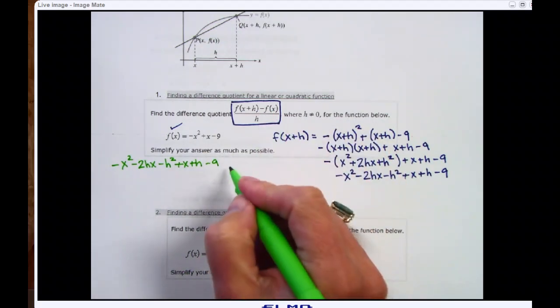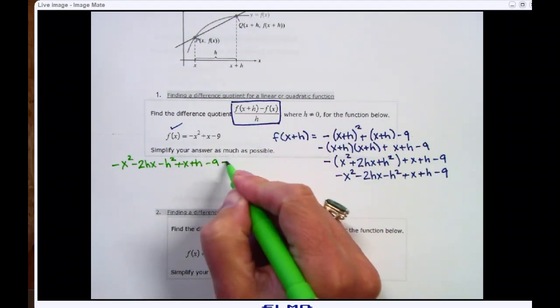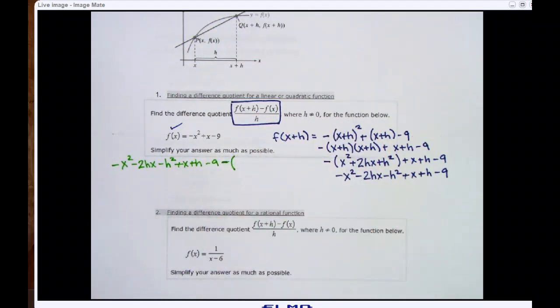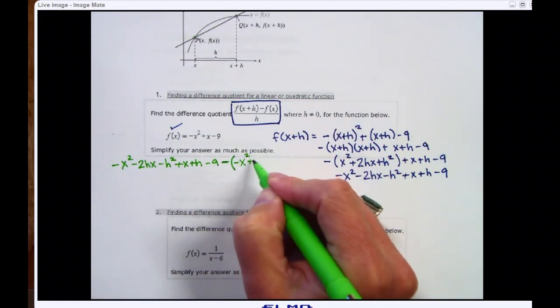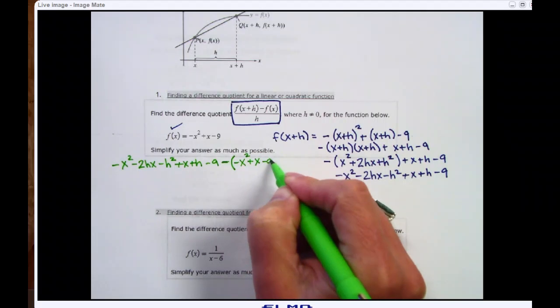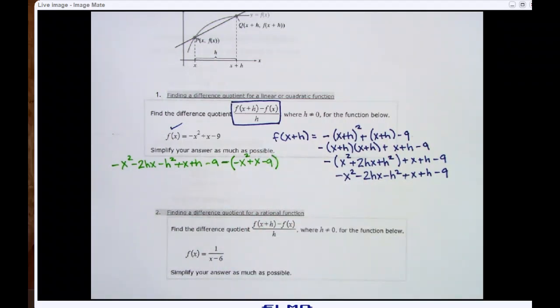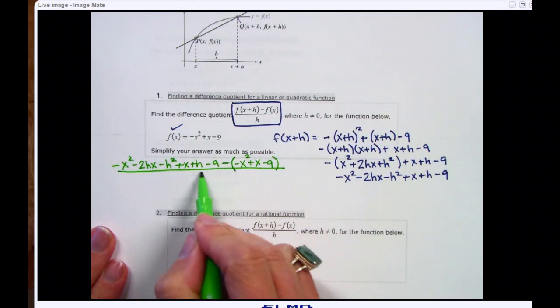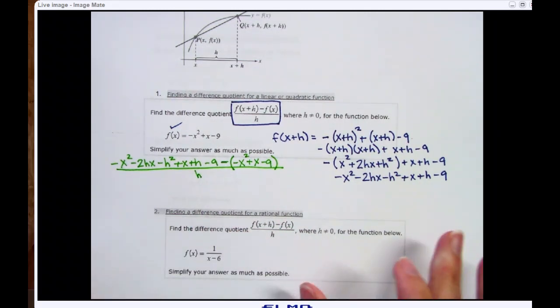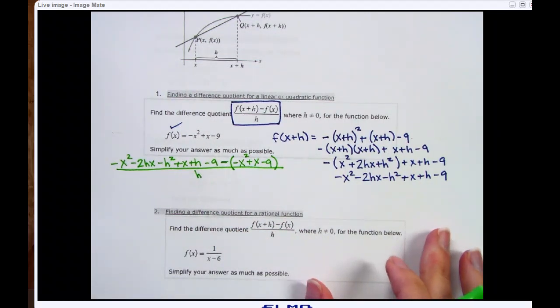Subtract f of x. So everything that follows that subtract, if you wanted to flip that as you write it down, that's okay. And then this is all over what? H. Now we have the fun job of cleaning this up.